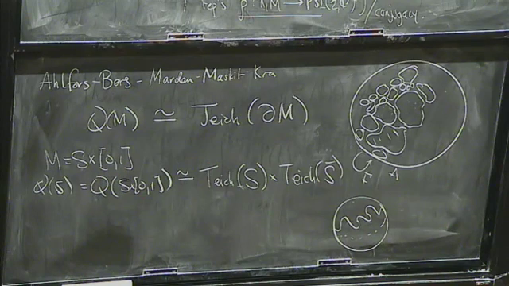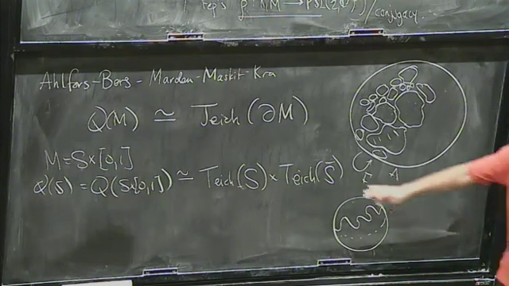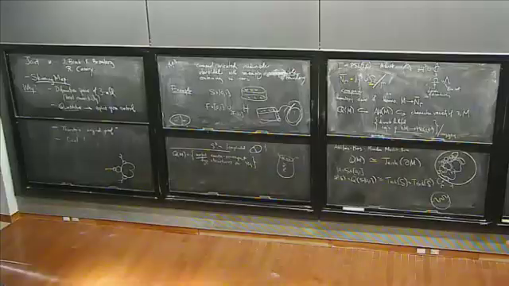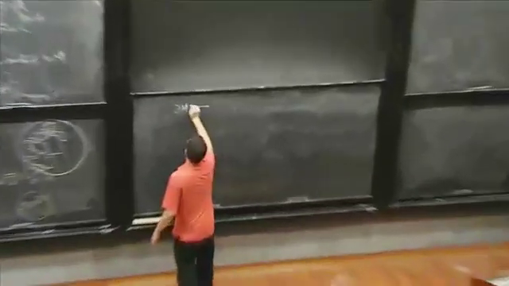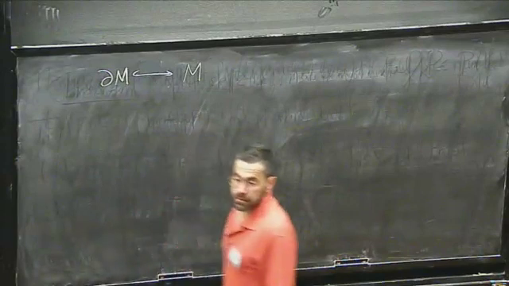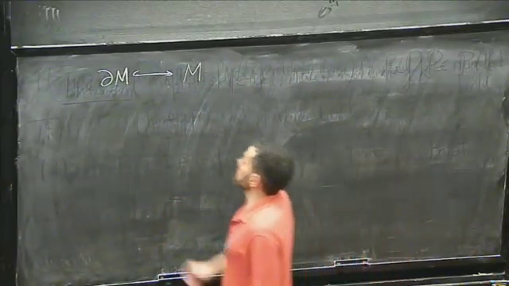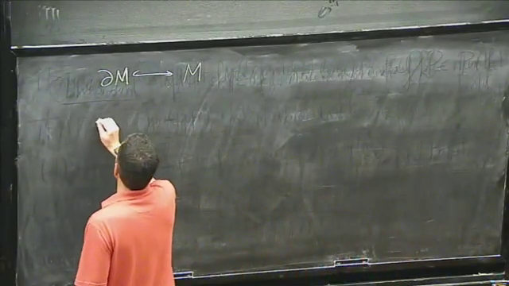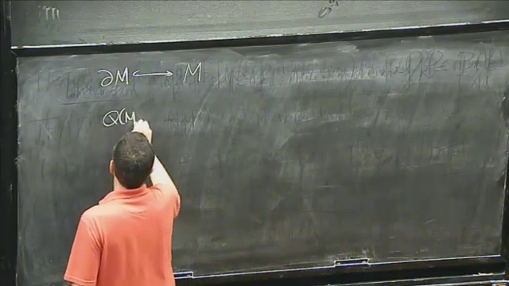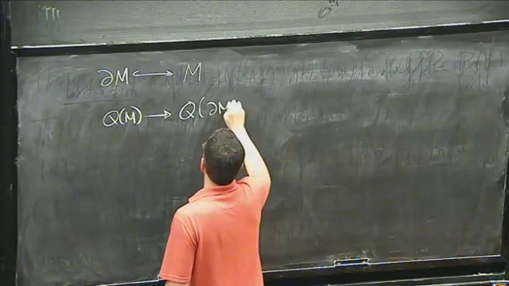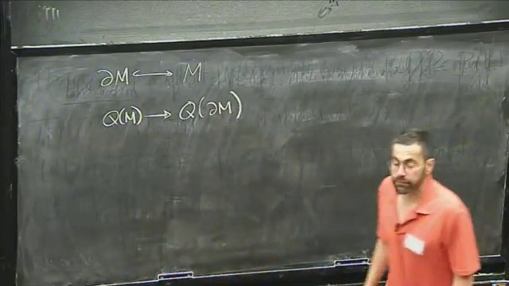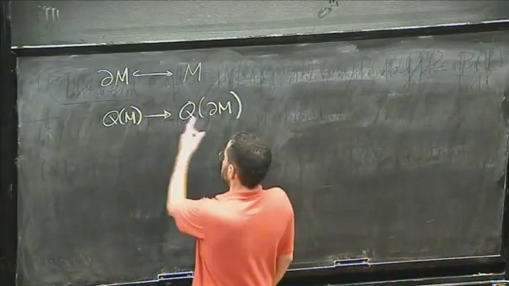finally, the relationship between this and the skinning map is the following. If you consider the inclusion of the boundary of M into M, it induces a map from Q of M to Q of the boundary of M in the following way. So this map goes the other way, right?